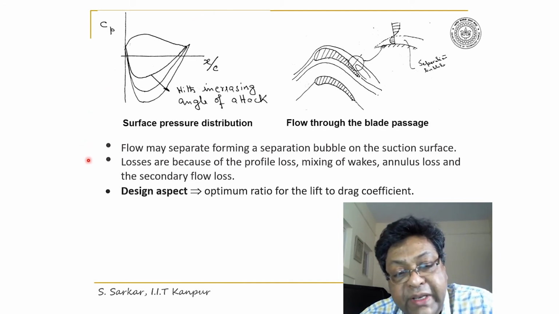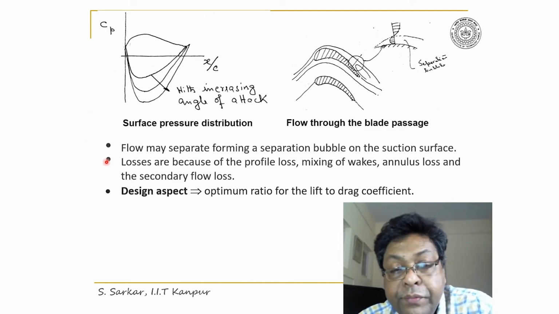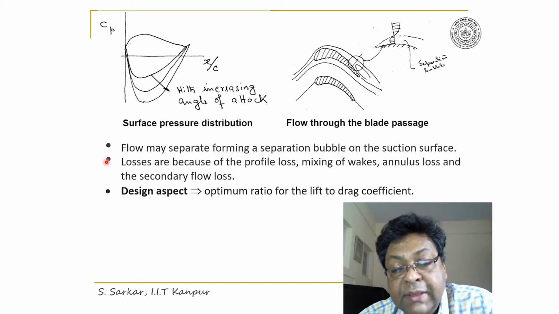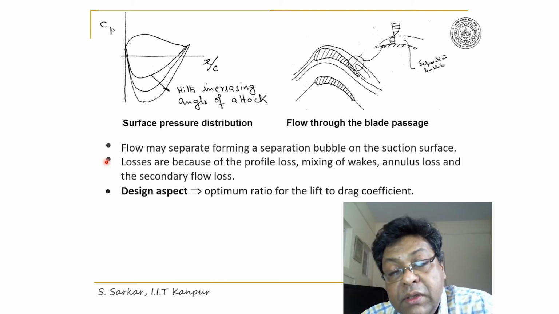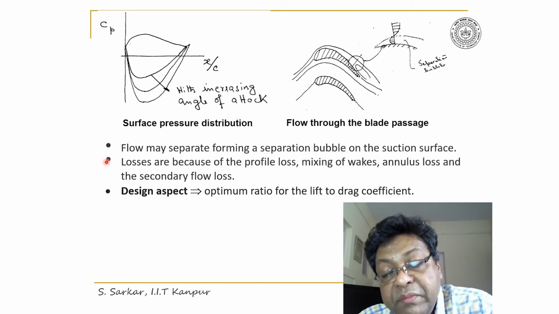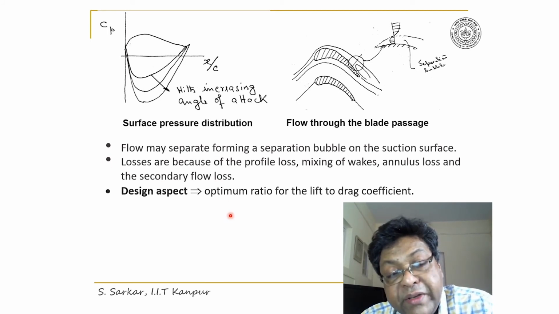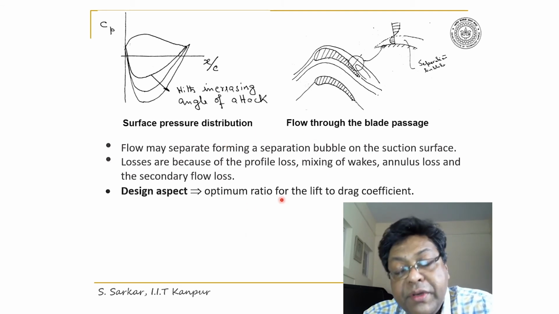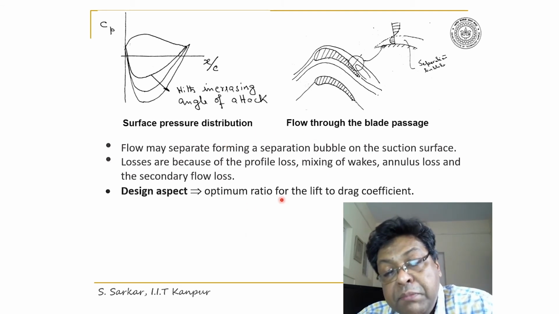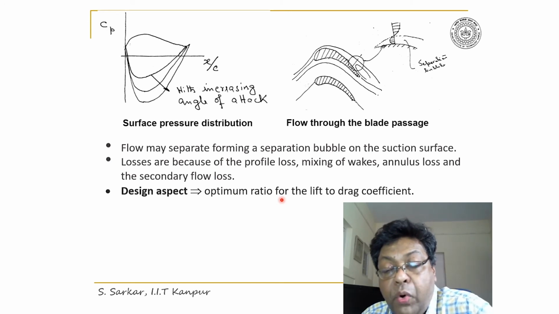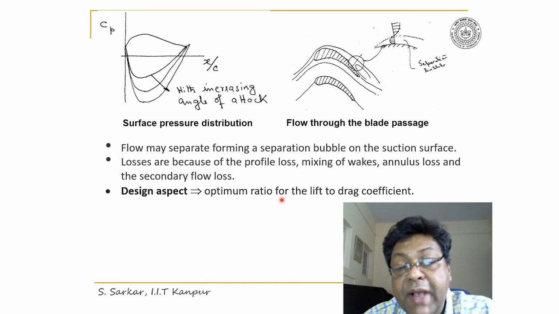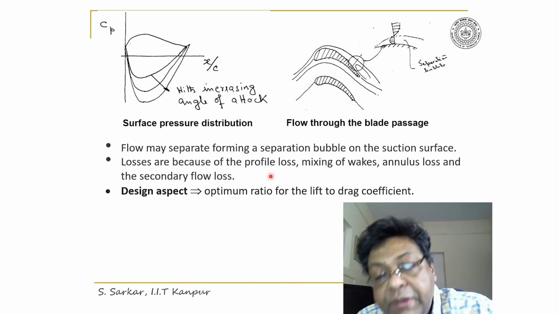I have also indicated here the losses. The combination of loss occurs because of formation of boundary layer on the blade surface. That's called the profile loss, plus loss because of mixing of wake behind the blade. That's called mixing loss.